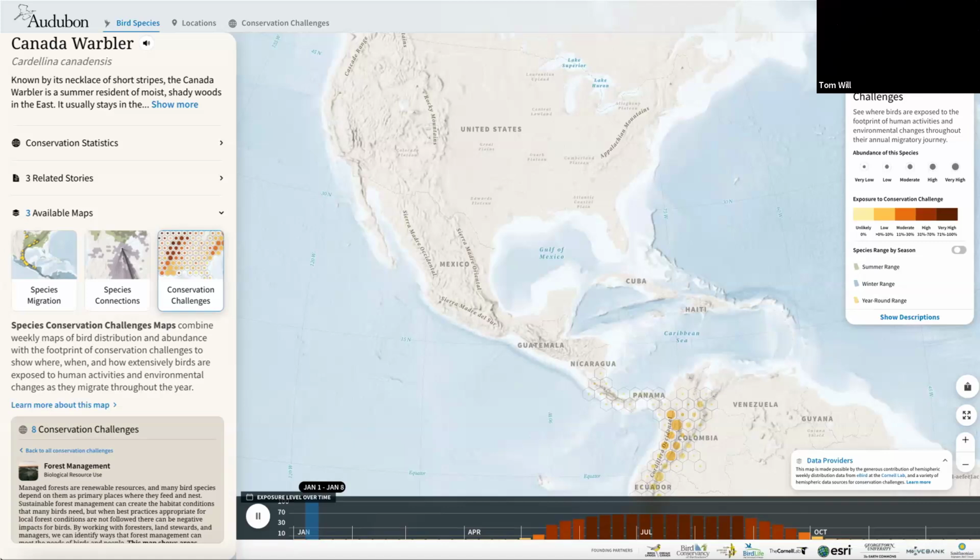So when you put them together, what this shows you is the species Canada Warbler's co-occurrence with the footprint of, in this case, forest management. So you can see how that exposure shifts across the season, across the hemisphere. And this plot here shows you how exposure varies across the season.